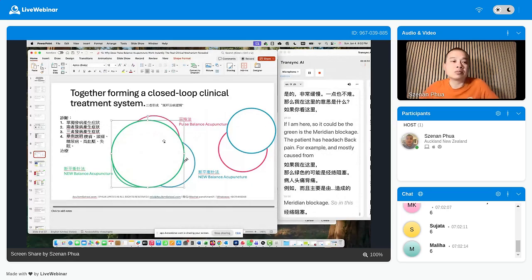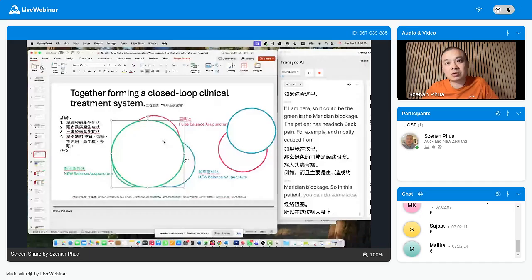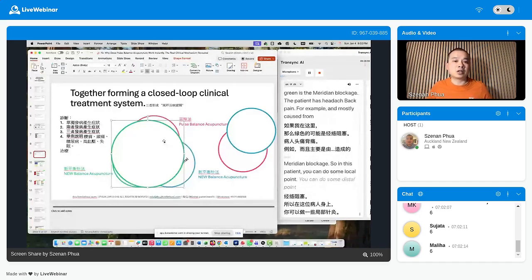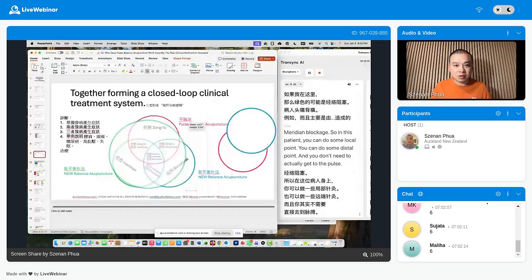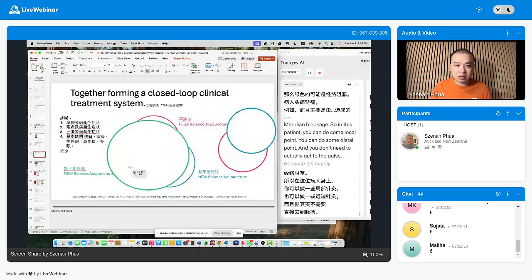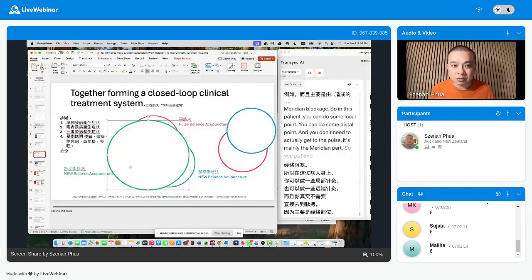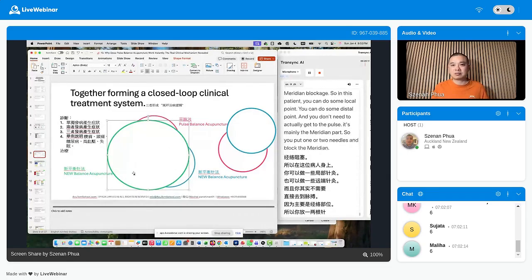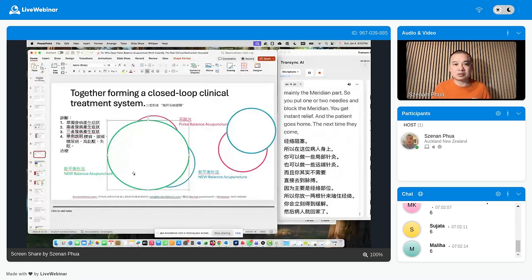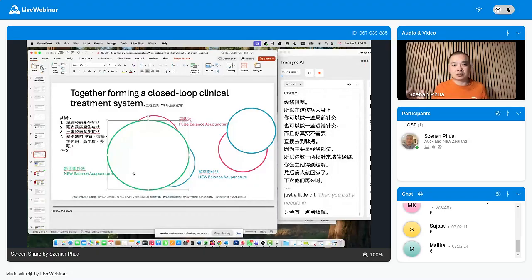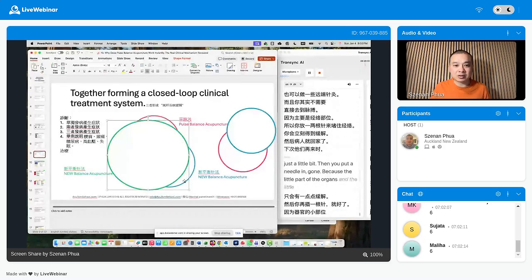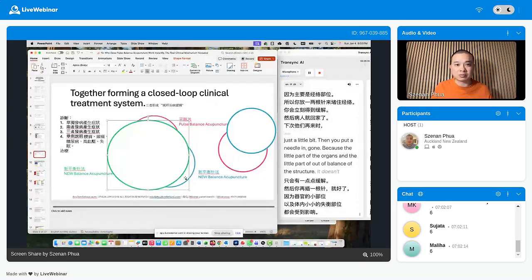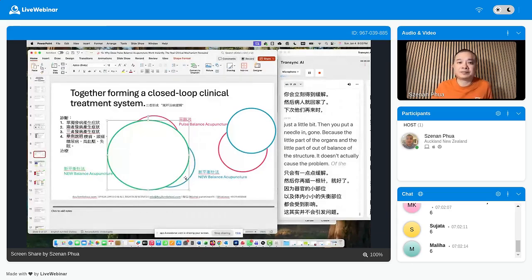So in this patient, you can do some local points, you can do some distal points, and you don't need to actually get to the pulse, because it's mainly the meridian part. So you put 1 or 2 needles, unblock the meridian, you get instant relief, and the patient goes home. The next time they come, just a little bit, then you put the needle in, gone. Because the little problem of the organs and the little problem of the structure being out of balance doesn't actually cause the headache. You see?